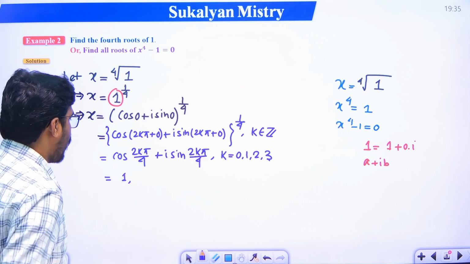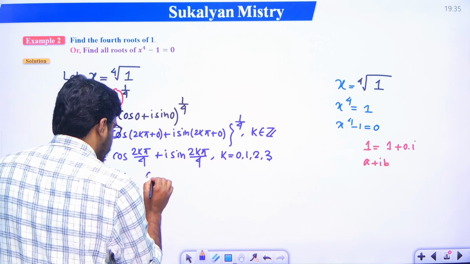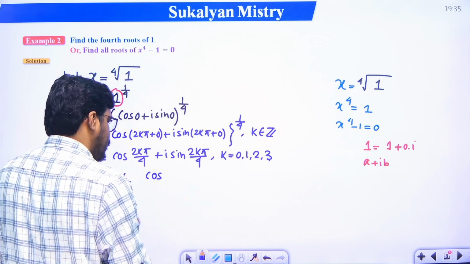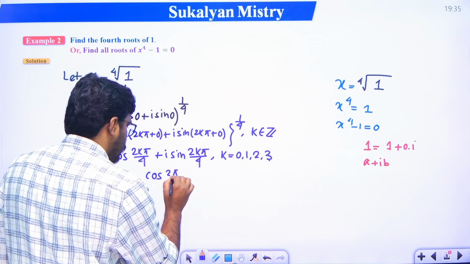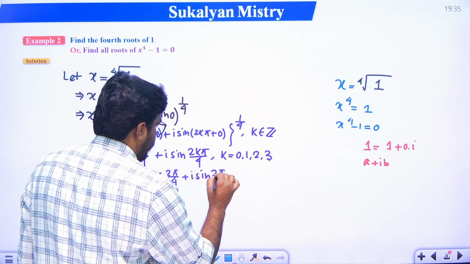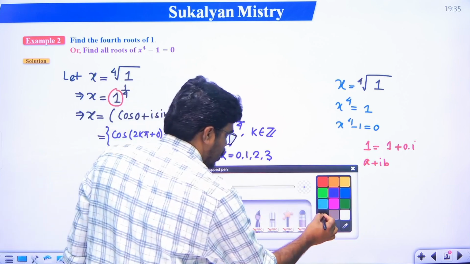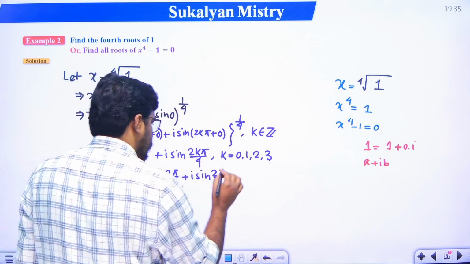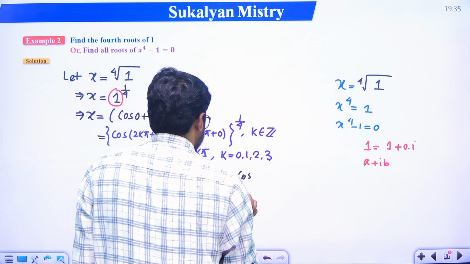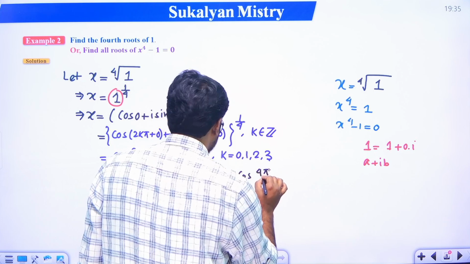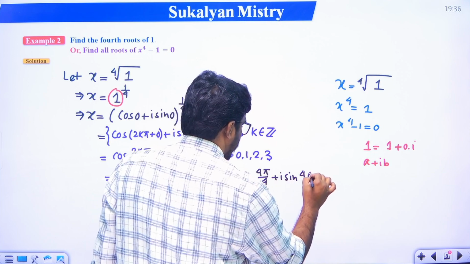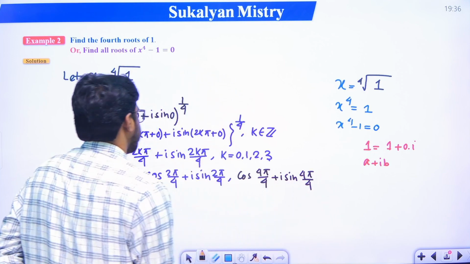When k is equal to 1, that is cos 2 pi by 4 plus i sin 2 pi by 4, right? When k is equal to 2, that is cos 4 pi by 4 plus i sin 4 pi by 4.